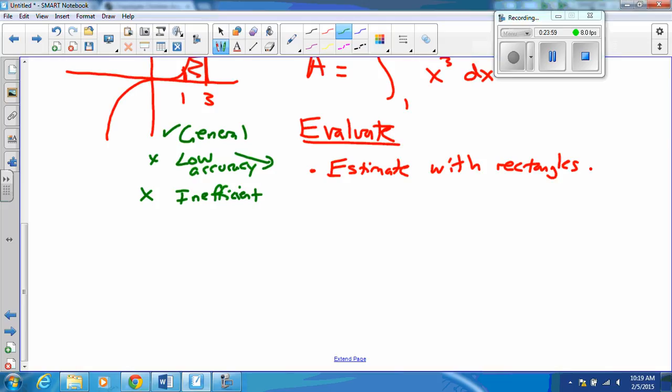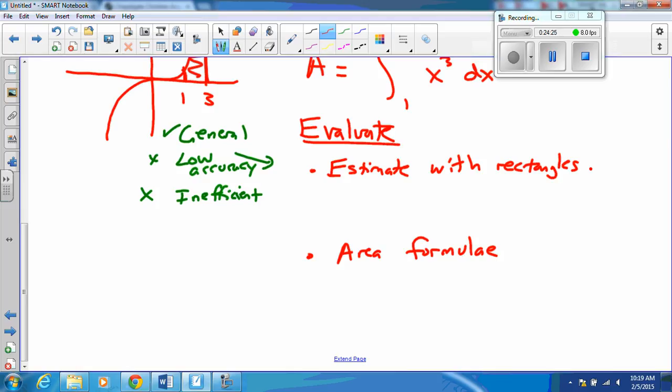All right? What other options do we have? Area formula. Well, on the one hand, what are the pros and cons here?